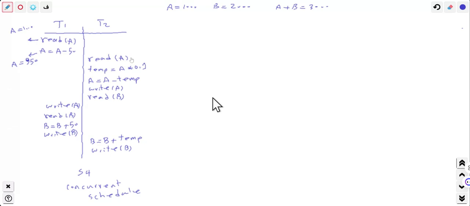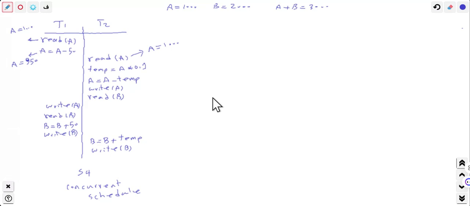So when T2 reads A, it sees the previous value of A, and A is 1000, because T1 has not written A. So A on the database is still the previous value.